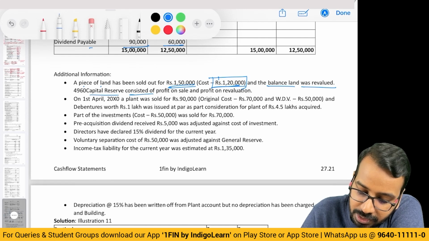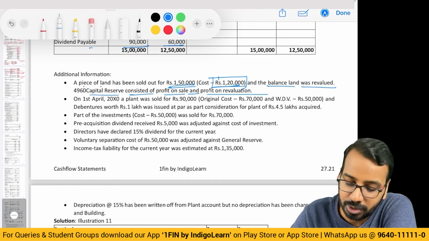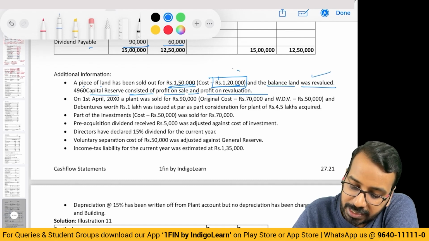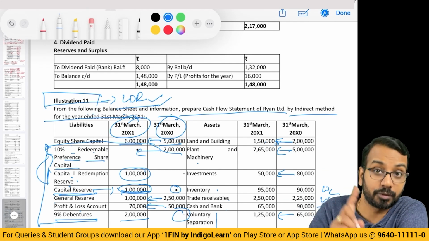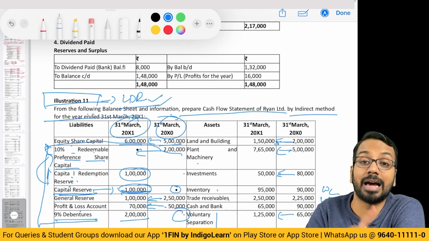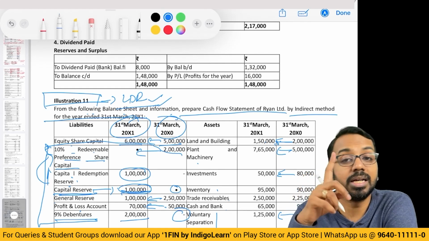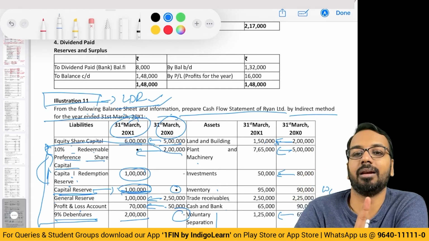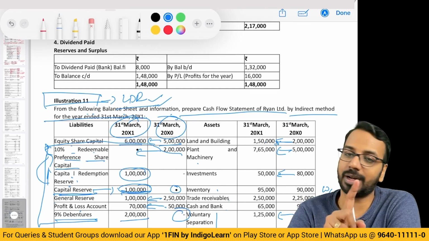Capital reserve consisted of profit on sale and profit on revaluation. So whatever capital reserve you have written here, 1 lakh, that is on account of profit on sale and revaluation, which means profit on sale of land is not credited to P&L. If it is not credited to P&L, we will not do the adjustment of adding it back.